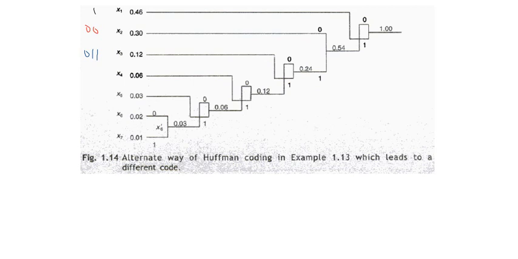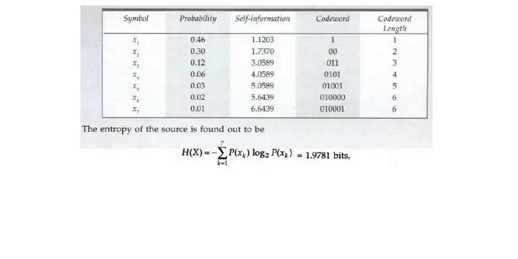Now for example x4 we start with 0, then 1, 0, 1, that is x4 is 0 1 0 1.